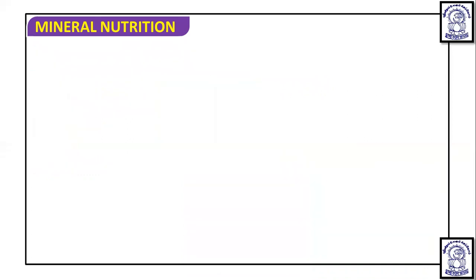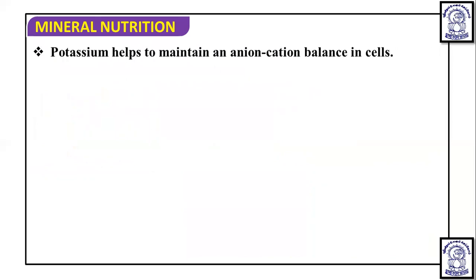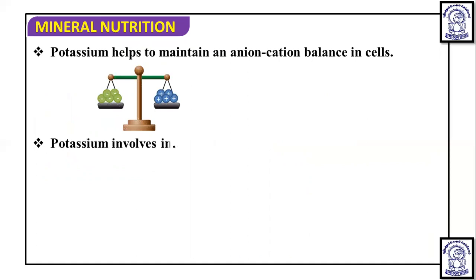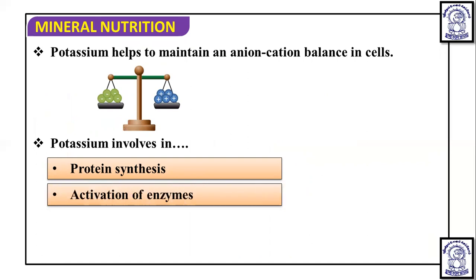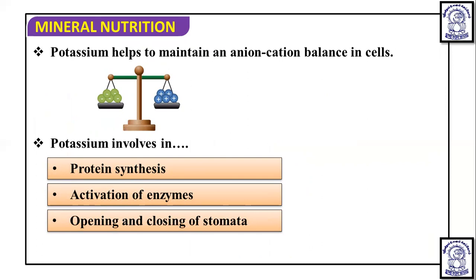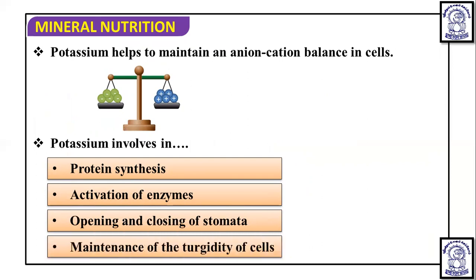This potassium, as we have studied in the previous chapter, maintains the cation and anion balance in the cell. Then potassium is involved in several other important mechanisms like protein synthesis, activation of some of the enzymes, and opening and closing of stomata by the maintenance of the turgidity of the cell.